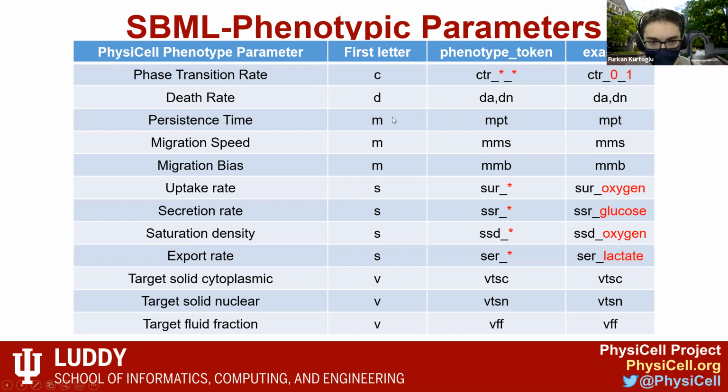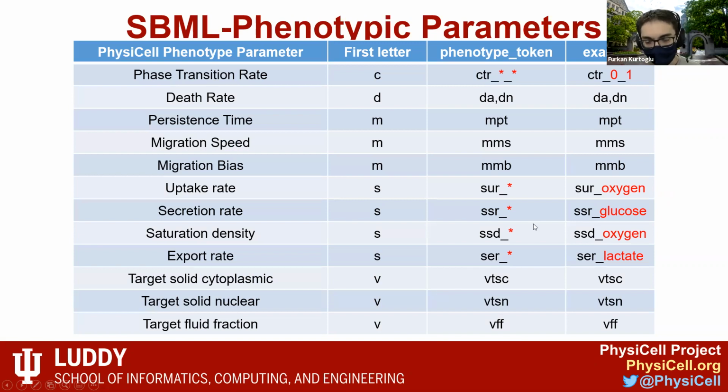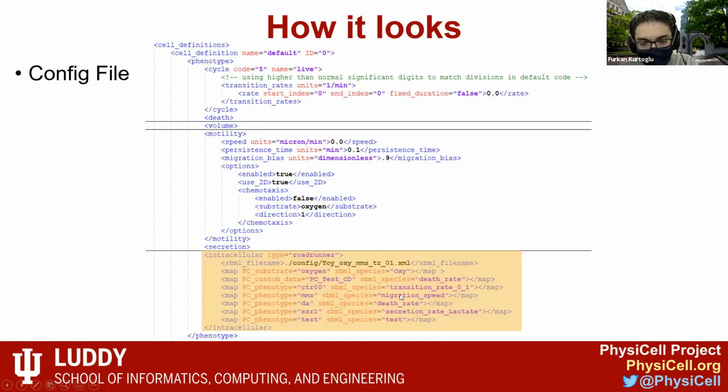DN is necrosis, and persistence time, MPT or so. And volume: you can also change the cytoplasm, solid cytoplasm, solid nuclear or fluid fraction here. So what we are doing is just updating the phenotypic parameters based on the SBML value within the given name.